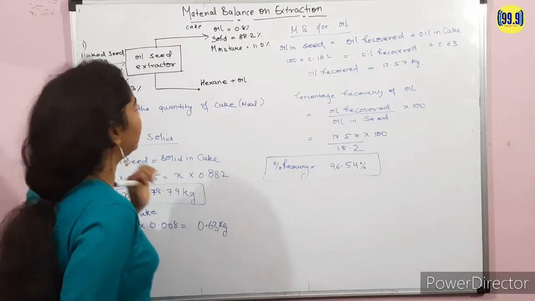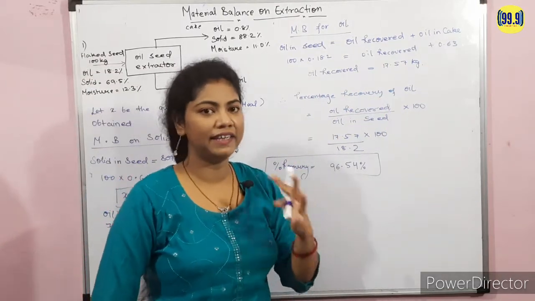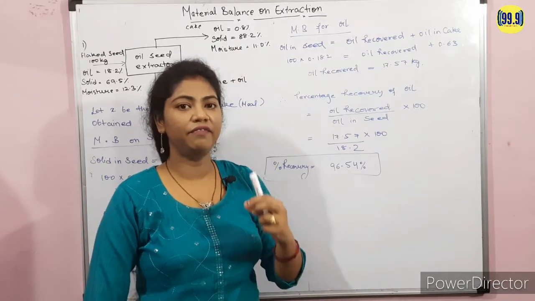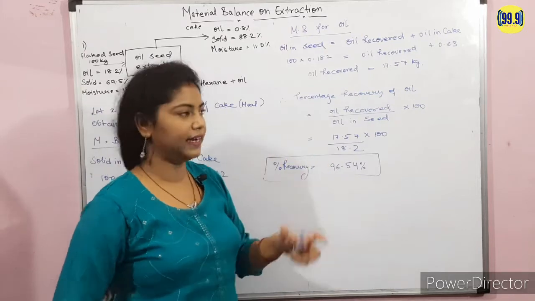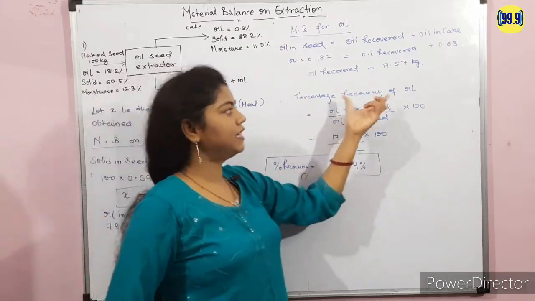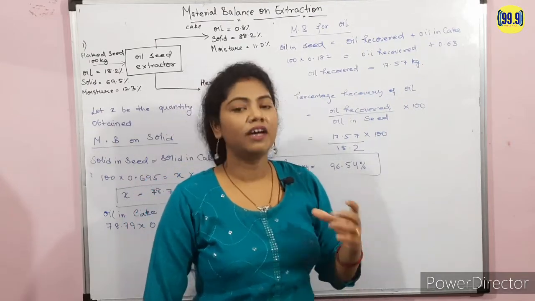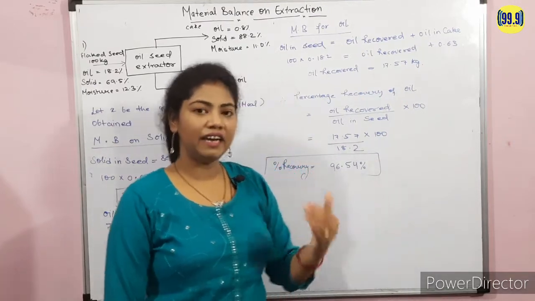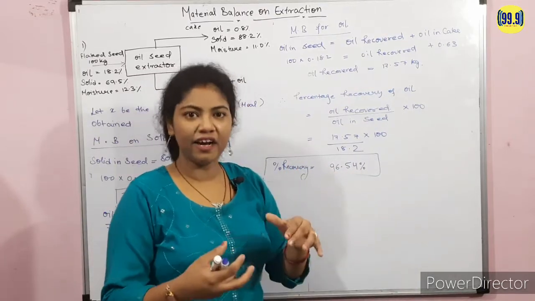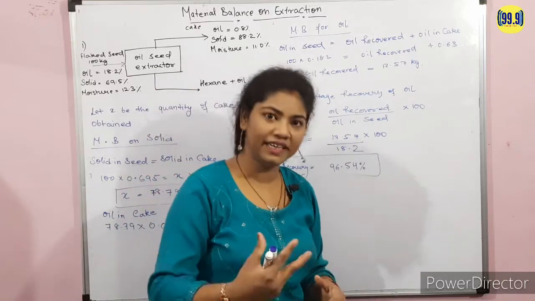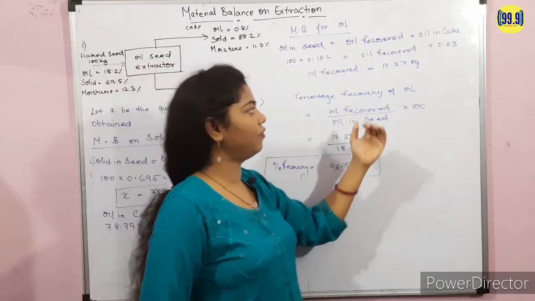You can see that the concept behind solving any numerical is that first we have to see what is to be calculated. Here we have to calculate the percentage recovery of the oil.